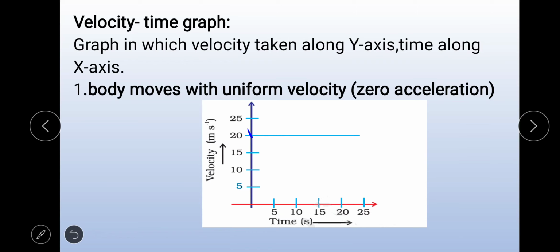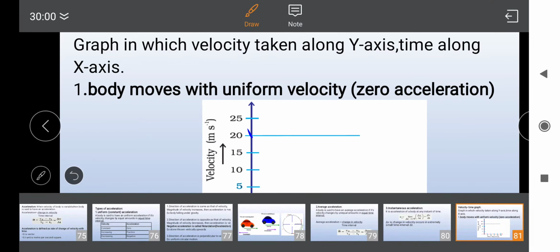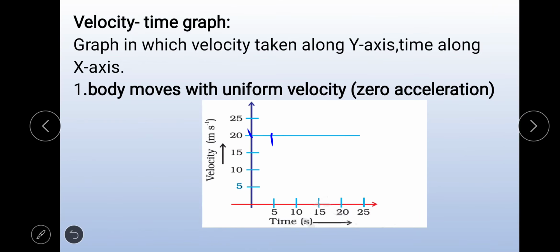So after 5 seconds the velocity does not change, it remains same. Okay. Next, so after 10 seconds, again there is no change in velocity.